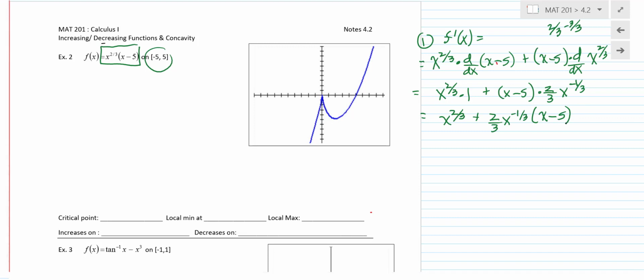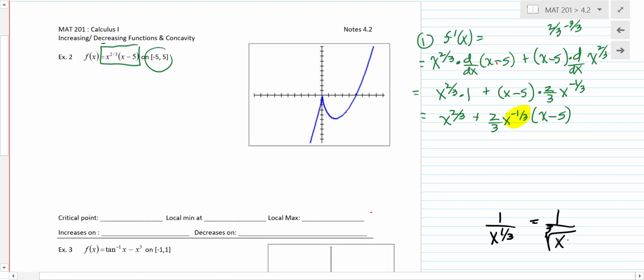Now, what you've got to do on this is think of two things. You've got to think about where that derivative is undefined or where it's 0. This thing is undefined somewhere, and it comes from this little piece right here. Because what that really means is 1 over x to the 1/3, right? Which really means 1 over the cube root of x. So what could x not be there? 0.